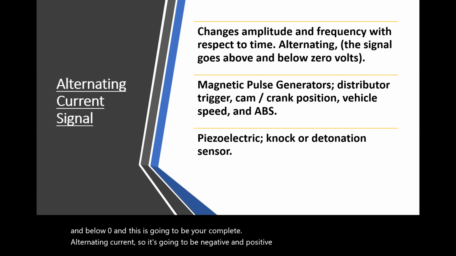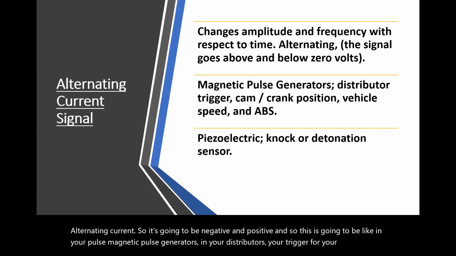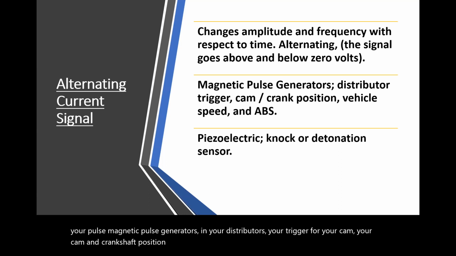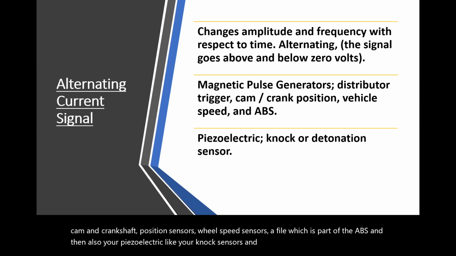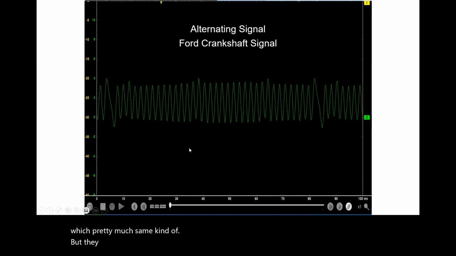And so this is going to be like in your magnetic pulse generators, in your distributors, your trigger for your cam, crankshaft position sensors, wheel speed sensors, which is part of the ABS. And then also your piezoelectric, like your knock sensors, and also your detonation type sensors, which pretty much are the same kind of, but they just name them sometimes differently.